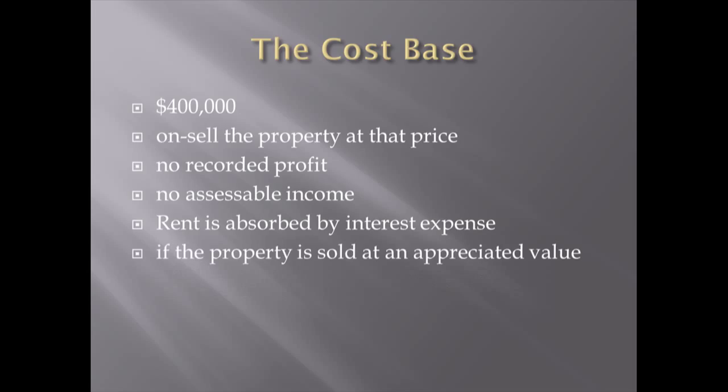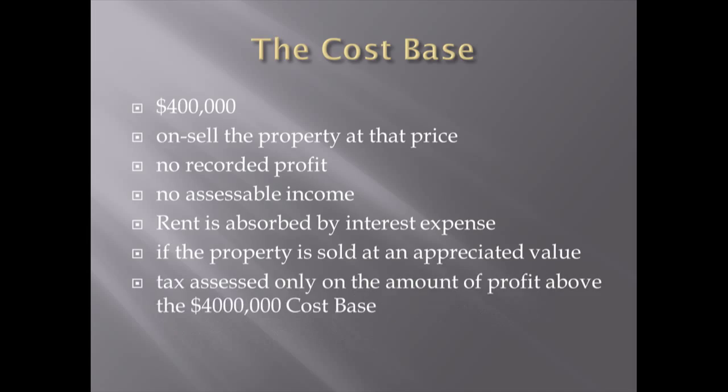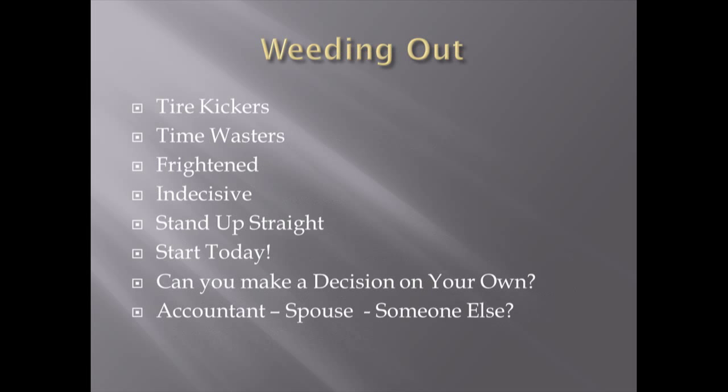If the property is sold for more than the 400 grand, more than the cost base, then you will pay tax, but only on the amount of profit above the 400 grand cost base.